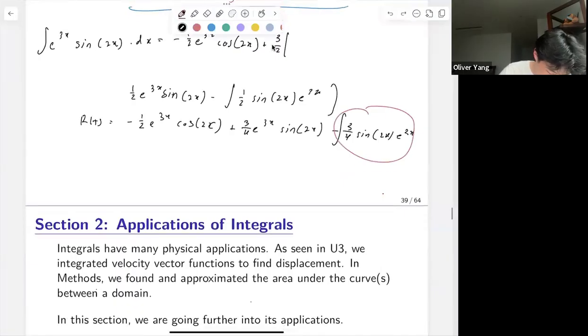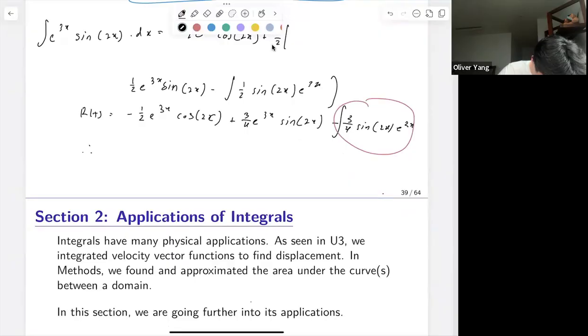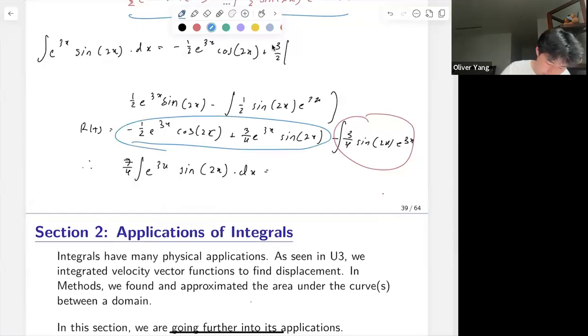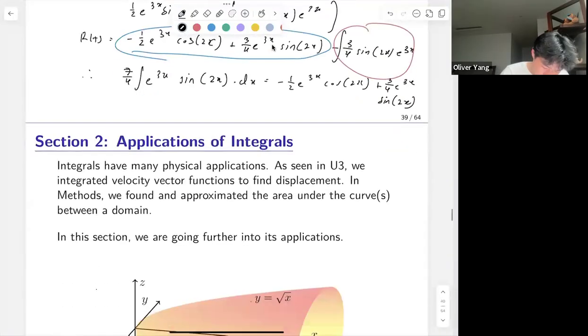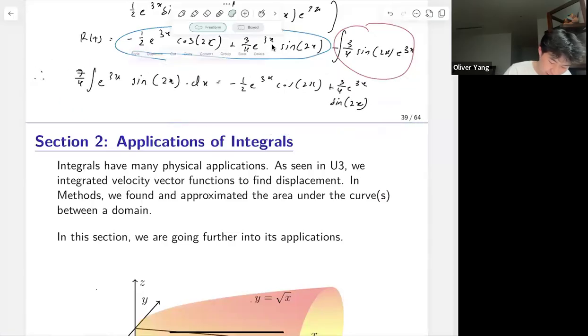So therefore this integral becomes 1 plus 3 on 4, which is 7 on 4, integral e to the 3x sine 2x dx equals this. Then, to get back to what the question originally asked, which is just this integral, we just divide by the coefficient here.